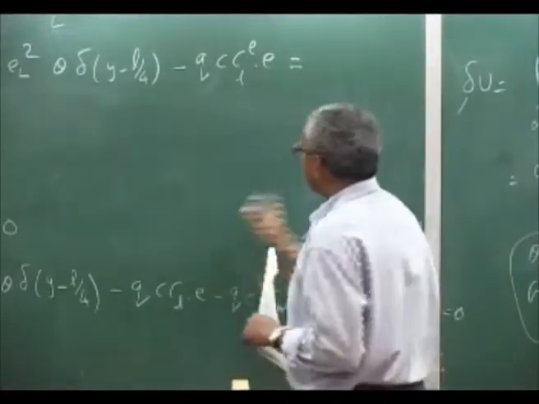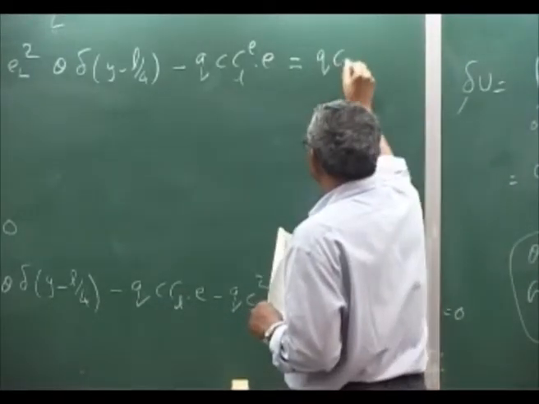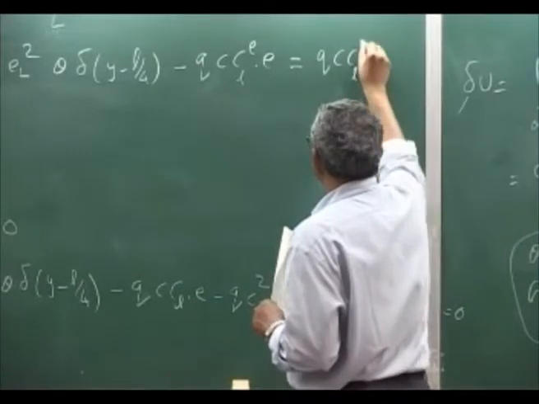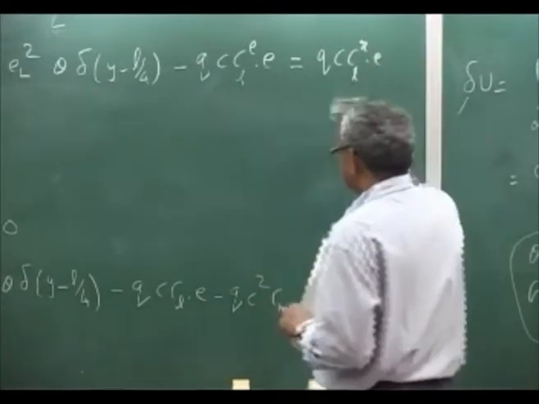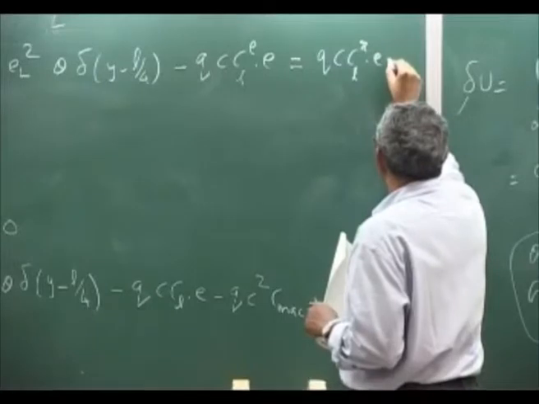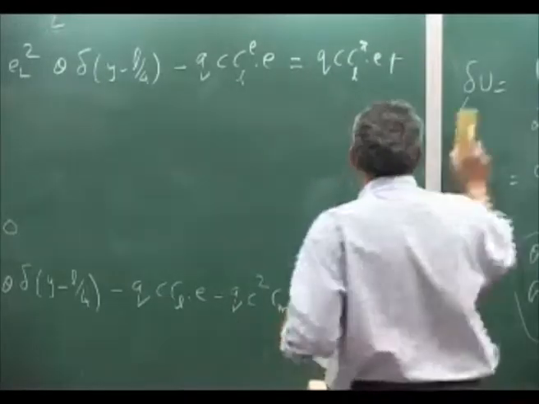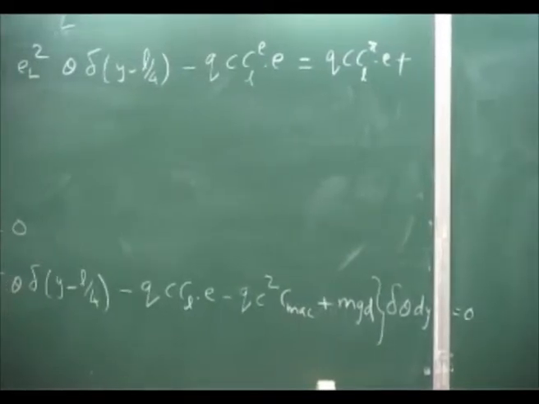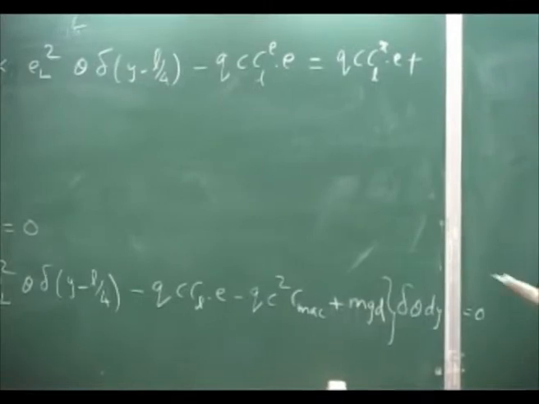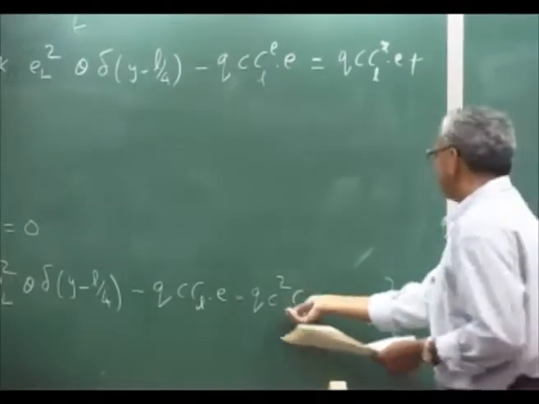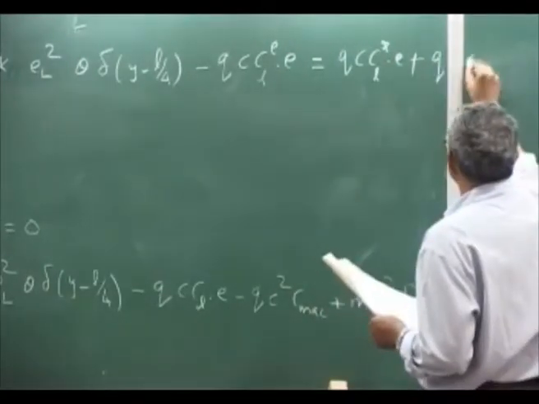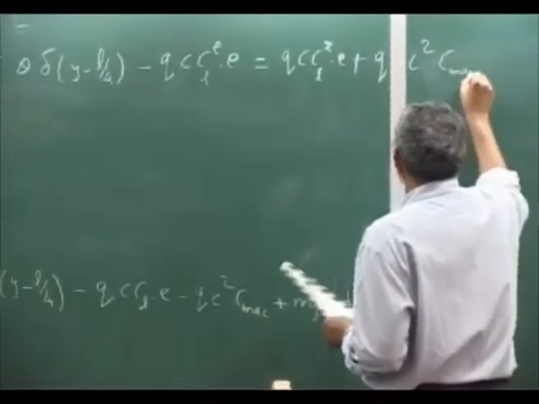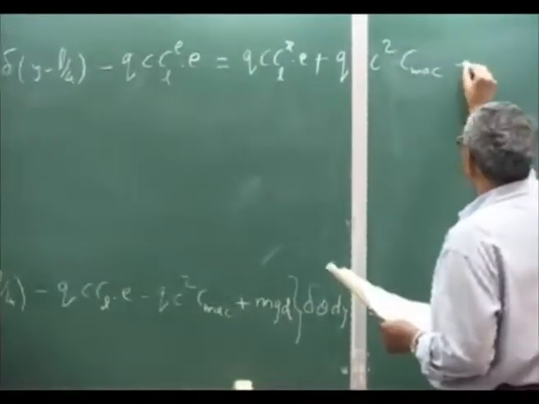If I shift it to the right hand side, this will become q c C_L rigid into e, plus you will have this term q c square c_mac, and this will be minus.